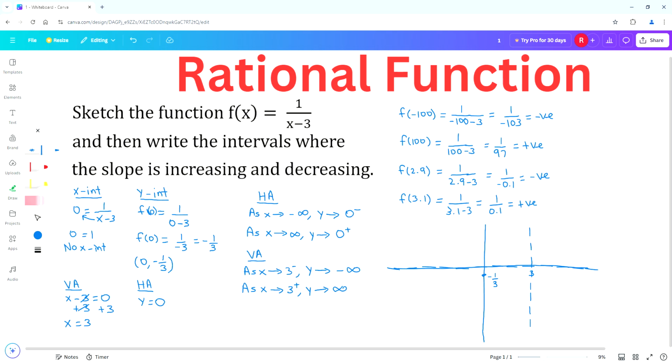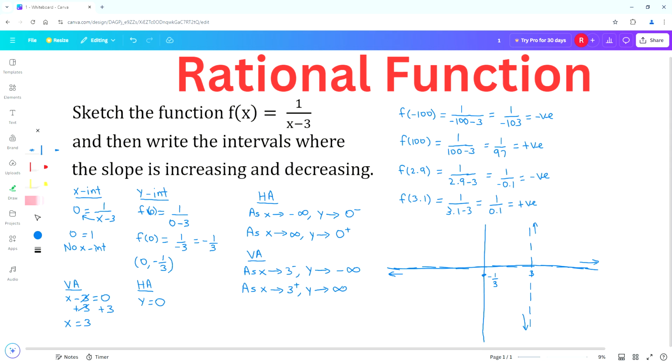On the left side, the graph should be below the horizontal asymptote. On the right side, it should be above the horizontal asymptote. On the left side of the vertical asymptote, it approaches negative infinity. And on the right side of the vertical asymptote, it approaches positive infinity.